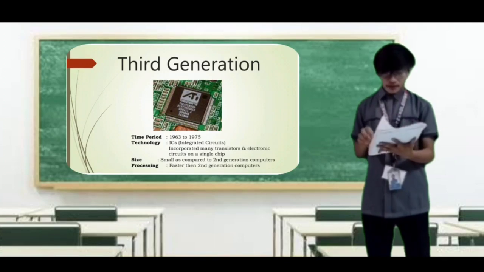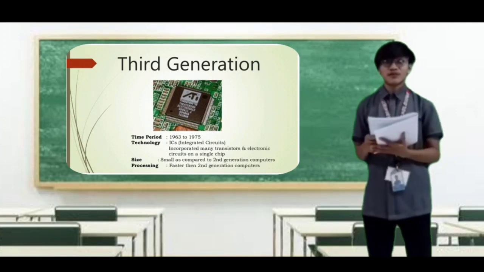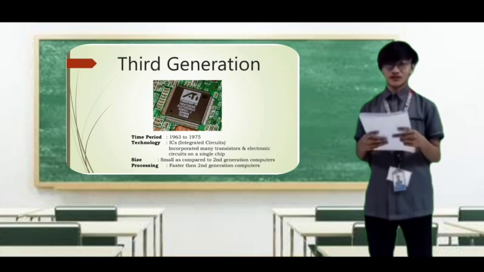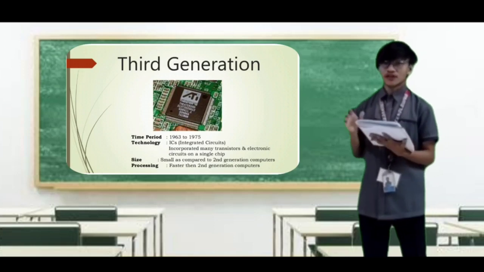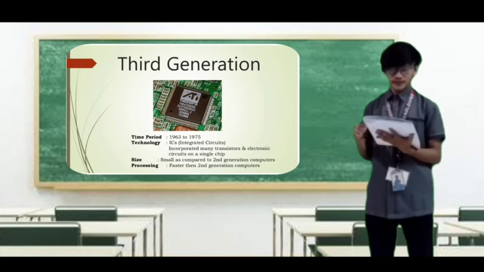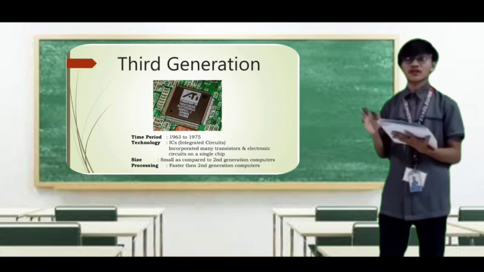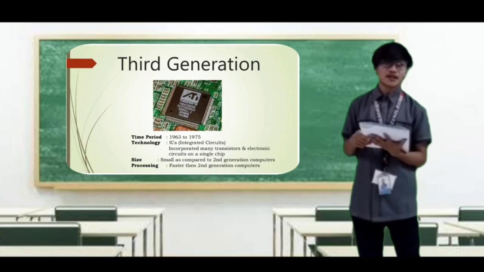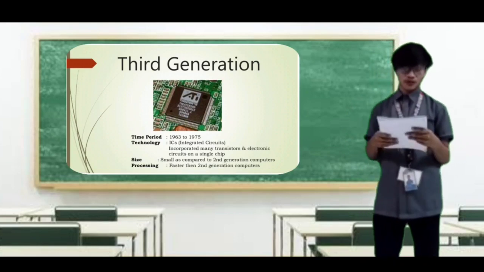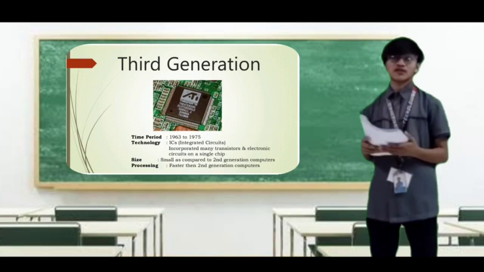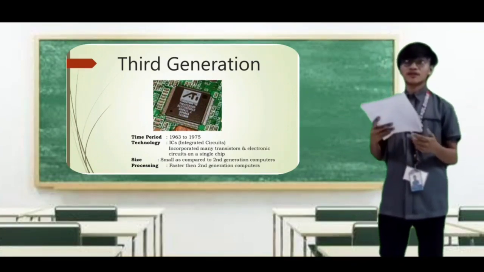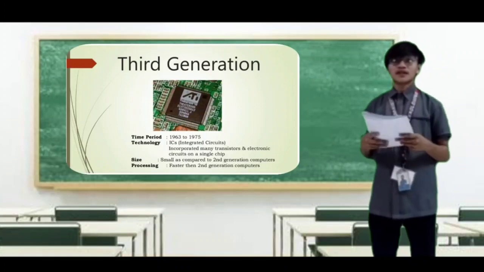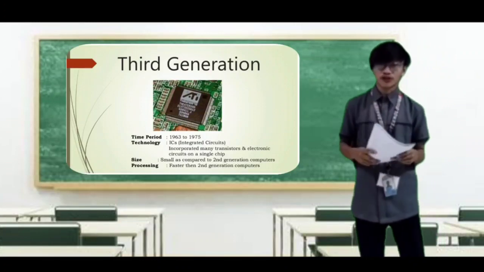The size is small compared to the second generation computer. It became smaller than the technology that we had in the second generation. The processor in this generation is faster than second generation computers.